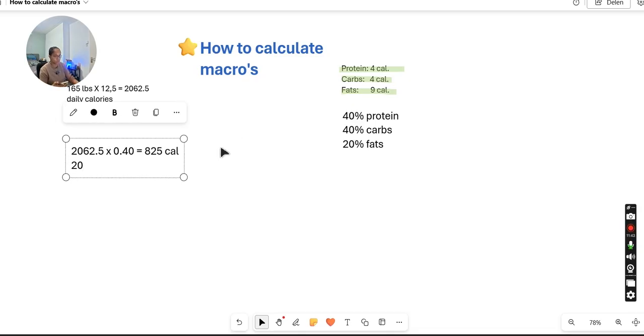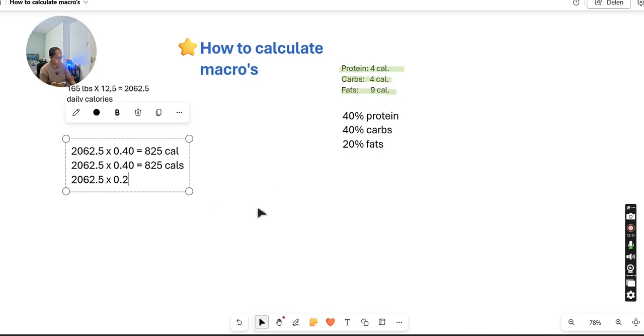After that, we're going to do the same thing for the carbs. We already know it's the same number, but I'm going to spell it out exactly. Alright, and now we're going to do this. 2062.5 times 20, or at least times 0.20, because it's 20% fat, right?